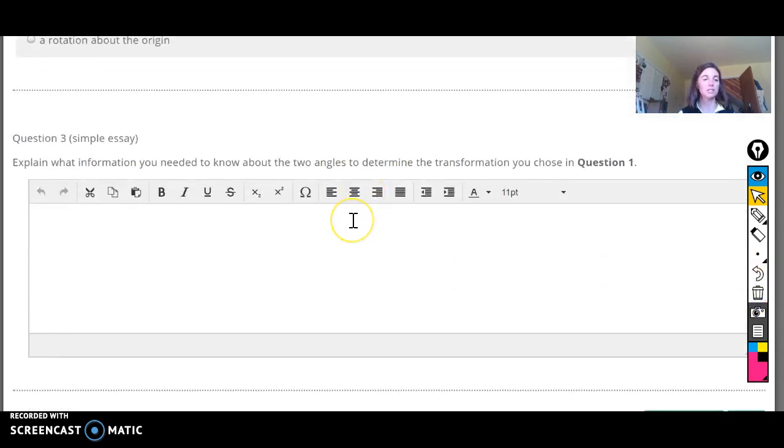All right, last question. Explain what information you needed to know about the 2 angles to determine the transformation that you chose in question 1. In question 1, we had to know that in order for it to be a translation, they had to be the same angles, 67 degrees.